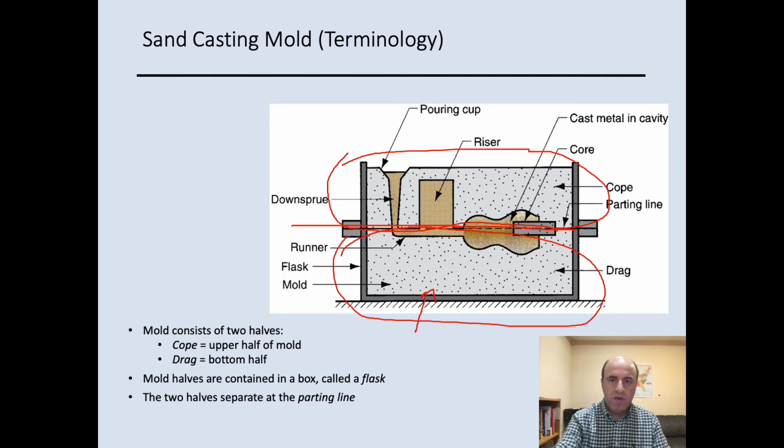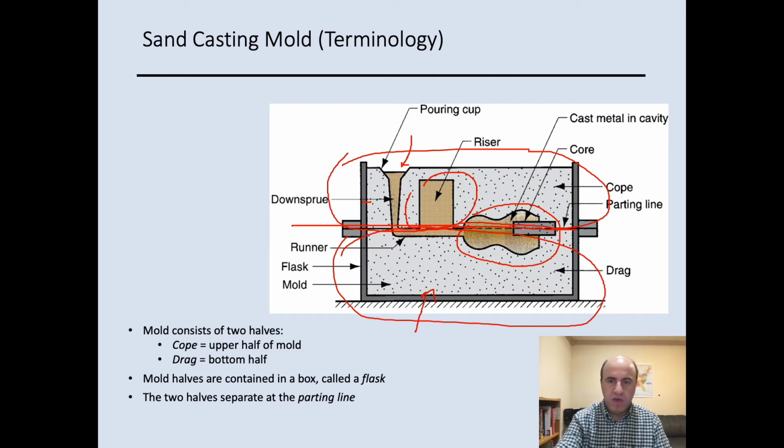Then we have a pouring cup where the material is going to be poured into this mold. And this is the part. We have a riser next to the part, and then this part is called the down sprue, and this is the flask mold.